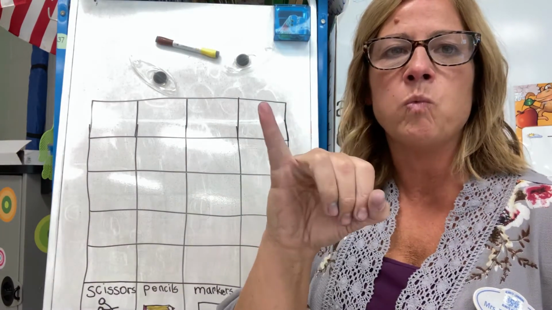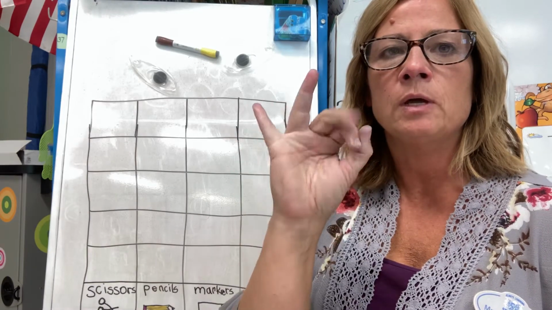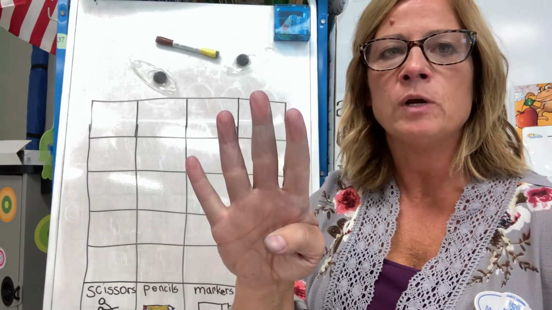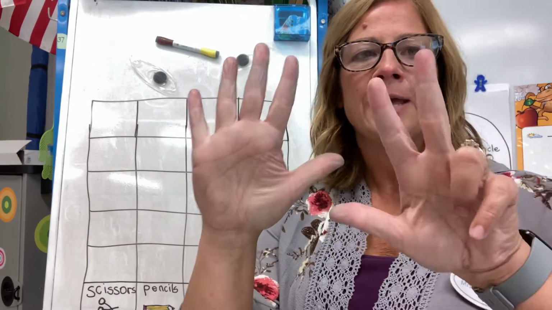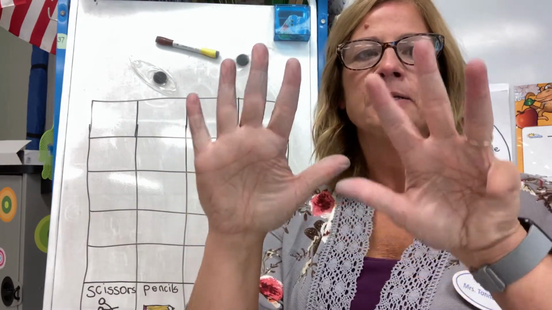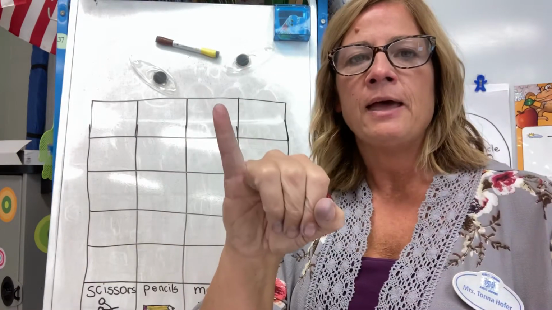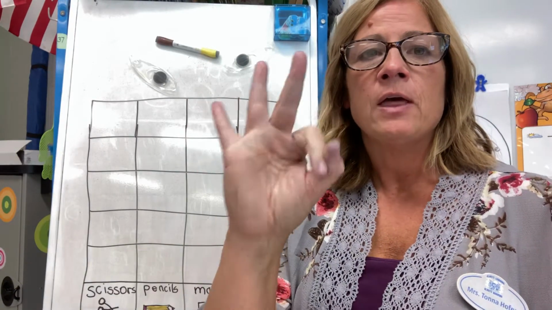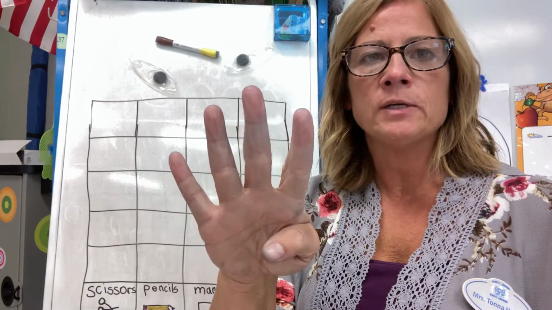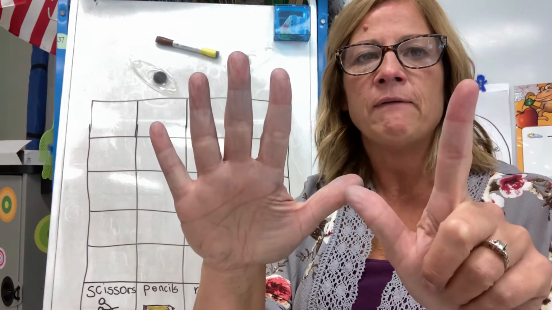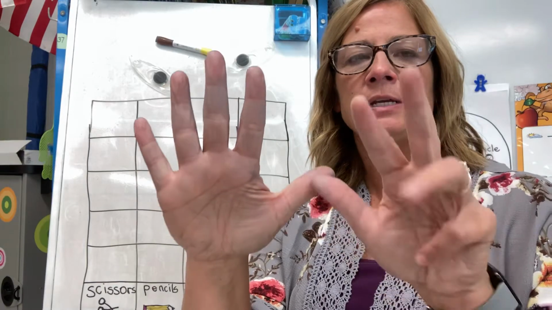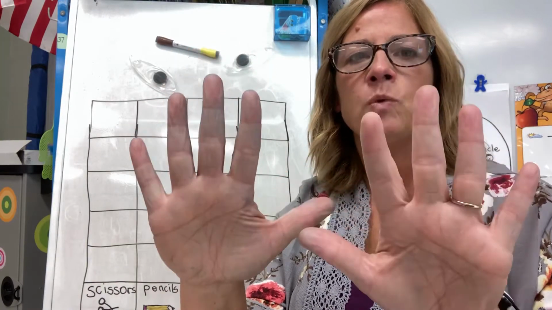So we have 1, 2, 3, 4, 5, 6, 7, 8, 9, 10, 11, 12, 13, 14, 15, 16, 17, 18, 19, 20.